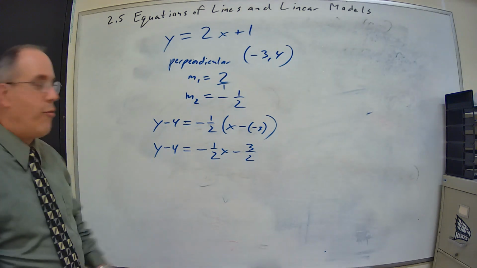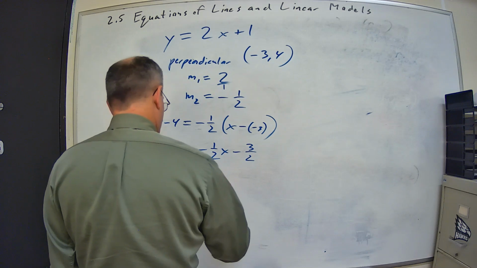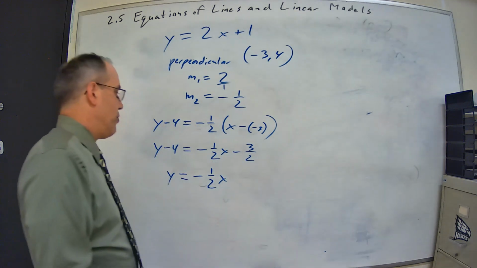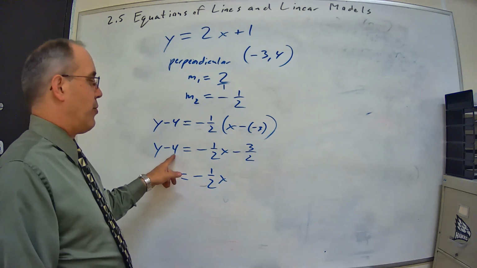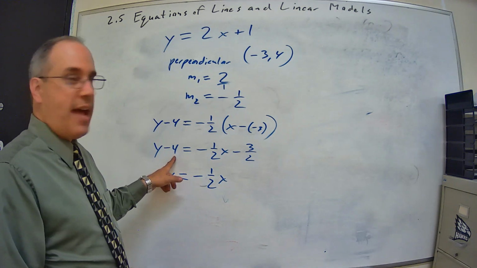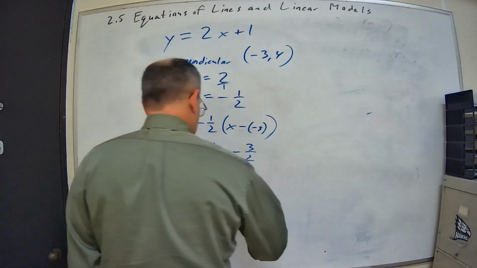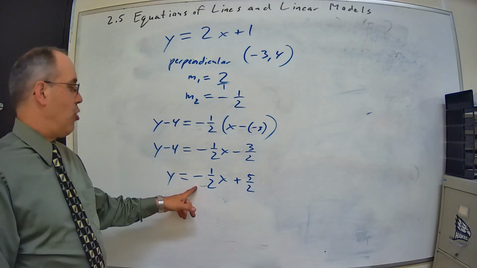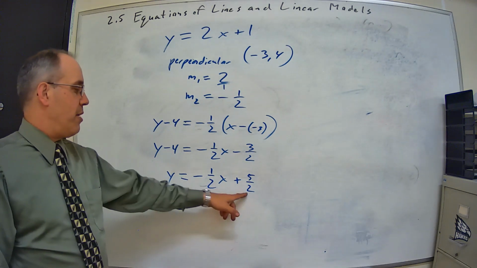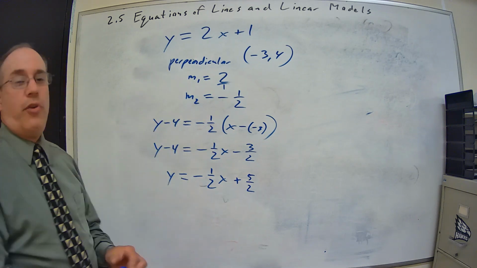And then add 4 to both sides. y is equal to negative 1/2 x, we've got minus 3/2, and we're going to add 4. 4 is 8/2. So 8/2 minus 3/2 gives you 5/2. So plus 5/2. And we see we've got a slope of negative 1/2 and a y-intercept of 5/2. So put it in that form.